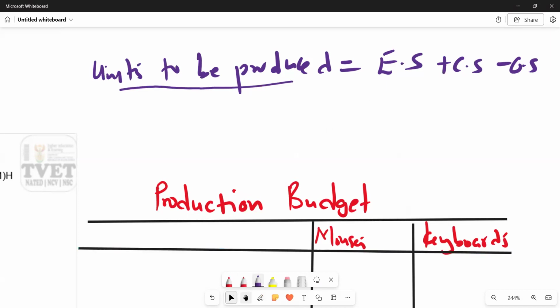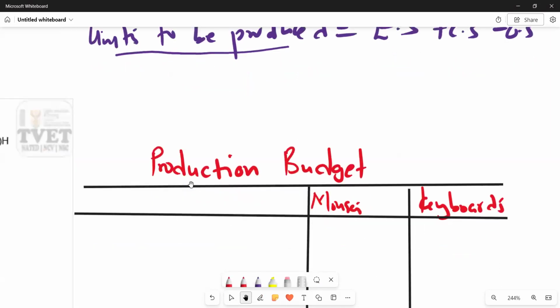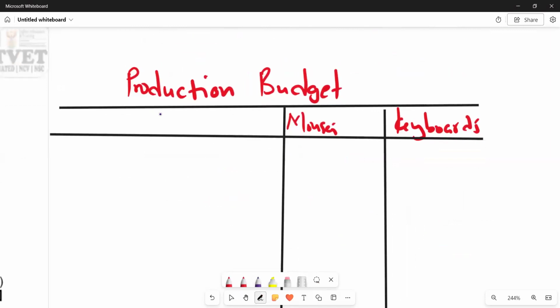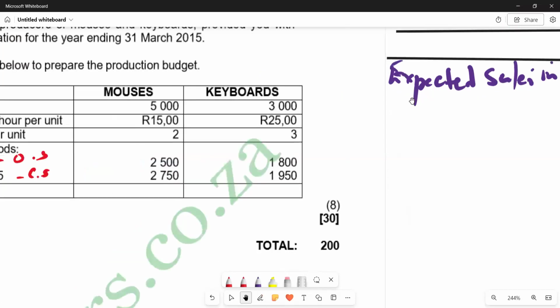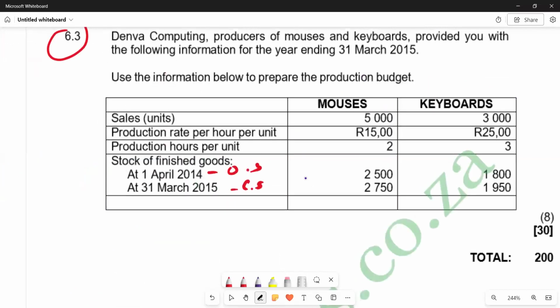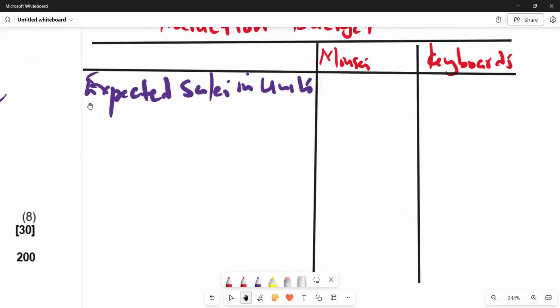At the beginning we have our expected sales in units. Checking the information, we've got 5,000 units for mouses and 3,000 units for keyboards.